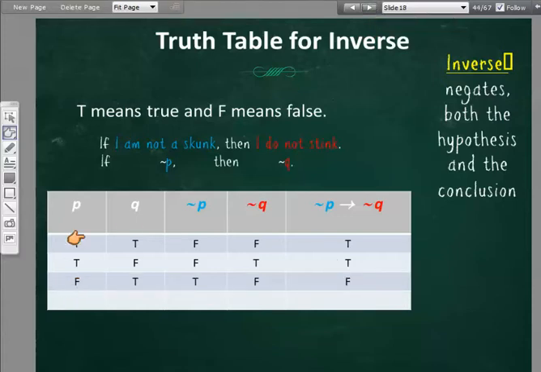The only reason they put the P and Q columns here is so you'll know what truth value to put in the not P and not Q. When we're deciding on whether the conditional is true or false, we're not looking at P and Q over here. We're only looking at not P and not Q. So remember, if your hypothesis is true and your conclusion is false, your conditional will always be false.